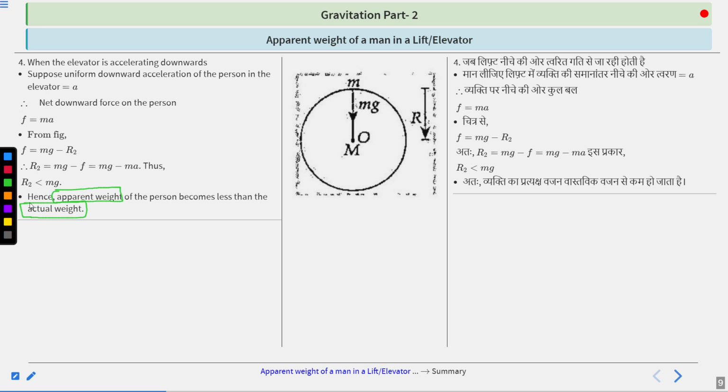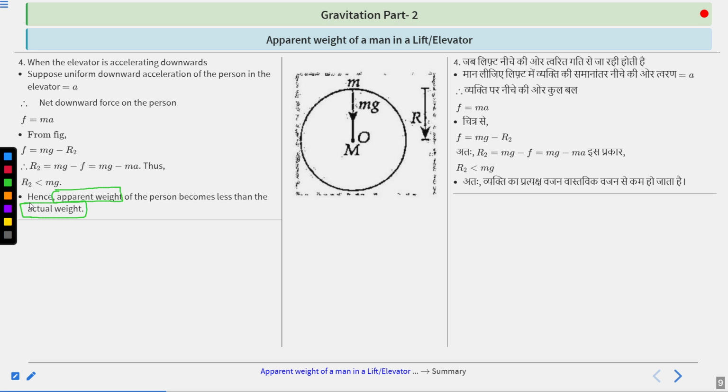Alright. So far we have discussed four scenarios. First, when the elevator is at rest. Second, moving uniformly, whether upward or downward. Third, accelerating in the upward direction. Fourth, accelerating in the downward direction. Okay. In the first scenario, when the elevator is at rest, apparent weight will be equal to the actual weight.